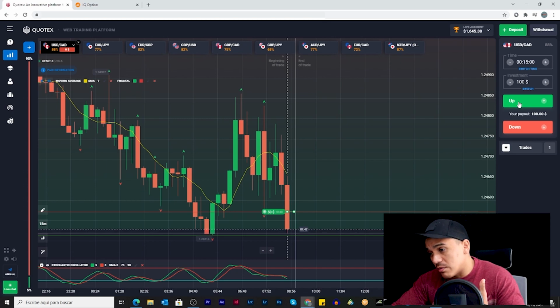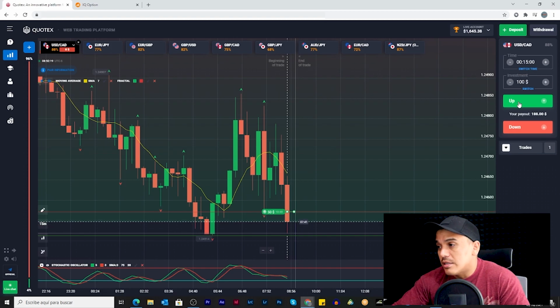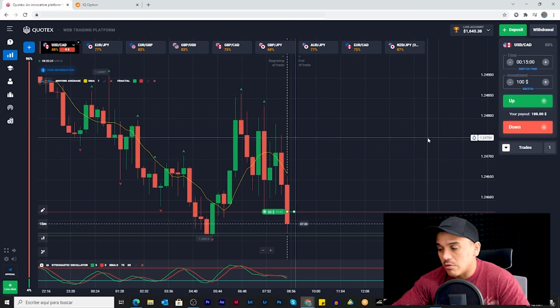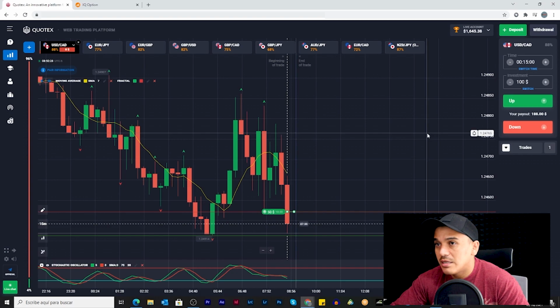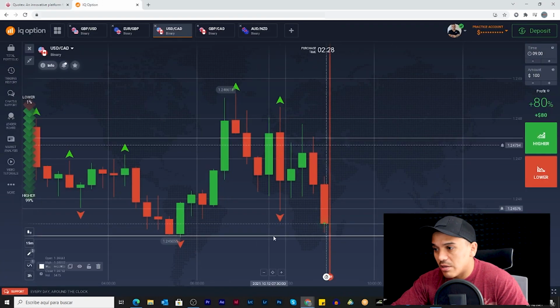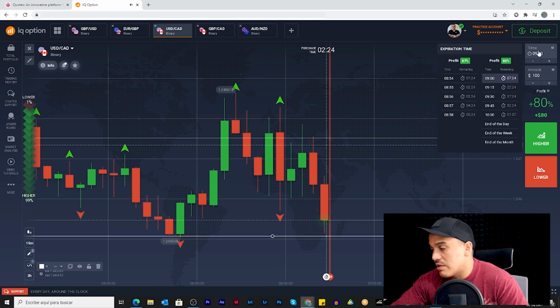It's different with this broker Quotex because with this broker you have exactly the time to trade. It says 15 minutes, okay, it's gonna be 15 minutes. But for example, here I have Pocket Option. If I trade, this is the demo account, right? If I trade for the rest of this candle, it's gonna be only 7 minutes.